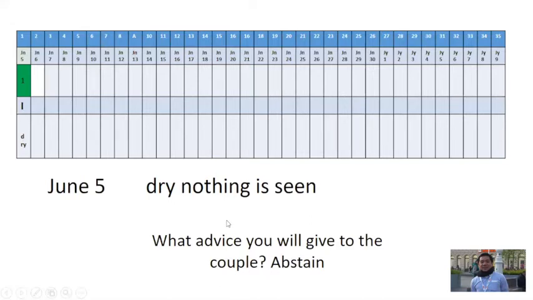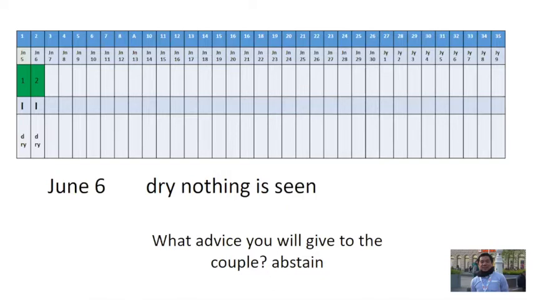First day of dry. June 6, morning dry, afternoon dry, evening dry. The mother now made a recording, dry, June 6. The recording is always at night. And then what will be your advice? You are now able to have 2 days of dry. We need to have another one to be sure that the cervix is completely closed.